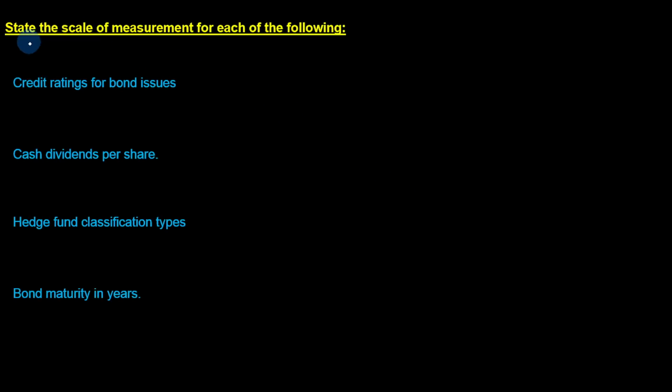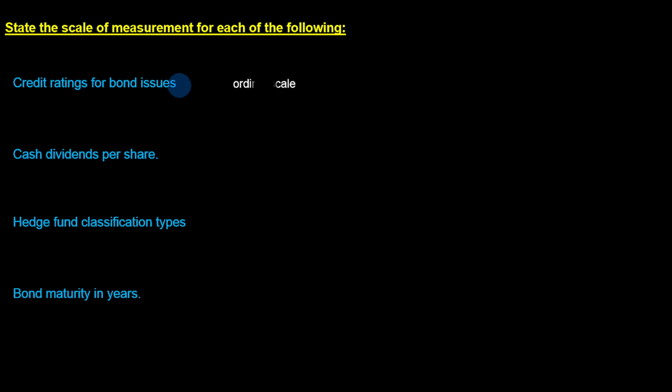Okay, let's do one example to make sure we understand different levels of measurement. State the scale of measurement for each of the following. First one is credit rating for bond issues. When we were talking about different levels of measurement, we used one example regarding ratings for mutual funds. This time it's rating for bond issues.